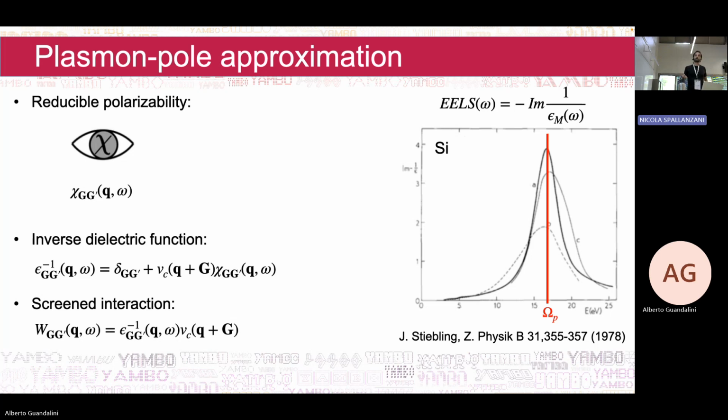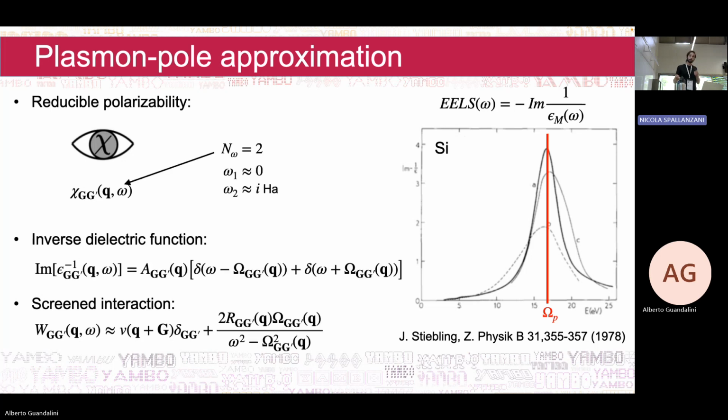In this approximation, it is first of all understood that the imaginary part of the screening, that is the imaginary part of the inverse dielectric function as a function of frequency, is proportional to the EELS signal, electron energy loss spectroscopy. And in a lot of practical crystals, the EELS signal is just dominated by the position of one plasmon. Then the idea is to model the frequency dependence of the screened interaction with this plasmon pole model.